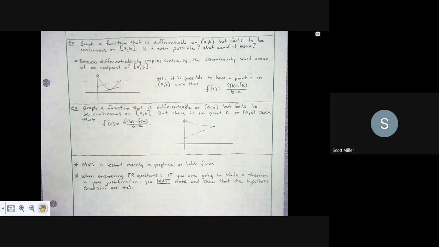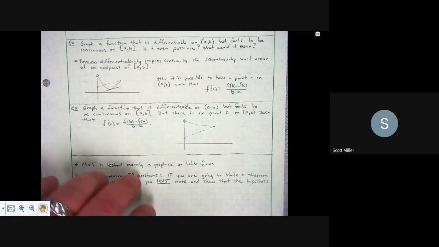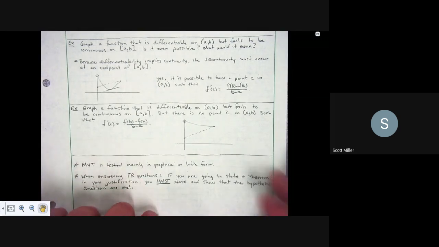The whole point of this is you can't use the mean value theorem until you have shown that it is a continuous function on the closed interval and differentiable on the open interval in some way. Okay, so let's take a look at some other examples as we move along.